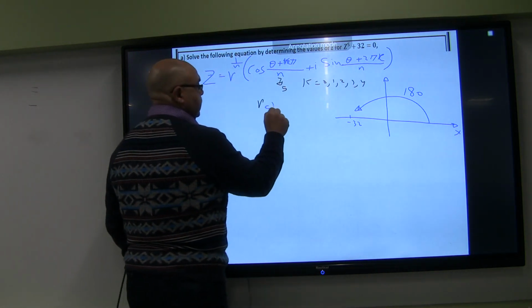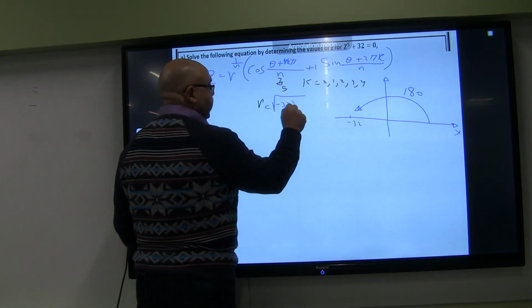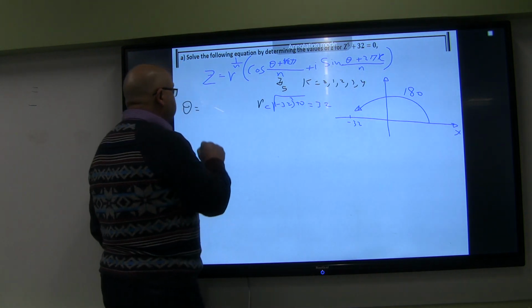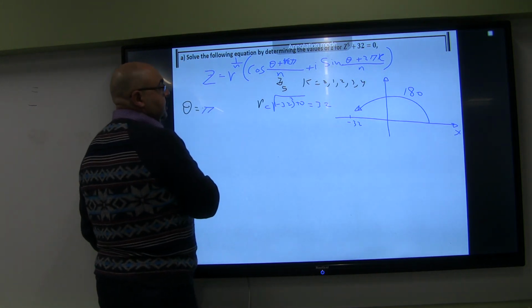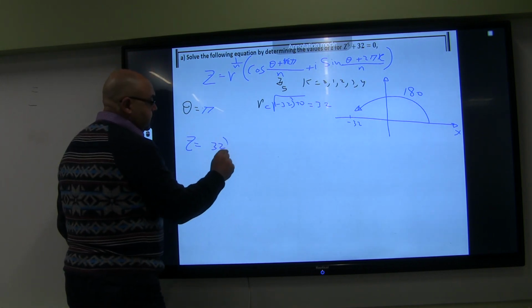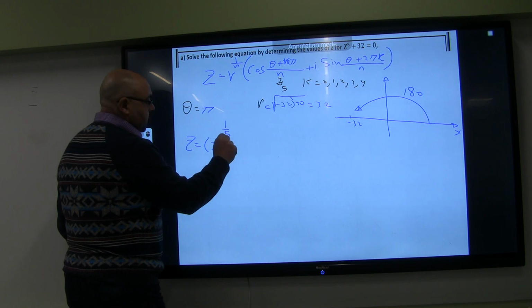So r is the square root of negative 32 to the power of 2 plus 0, which is 32. Theta is going to be pi.